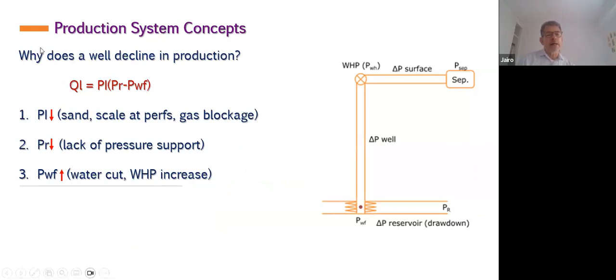Using the same equation, the rate is a function of the PI and the difference between the static or reservoir pressure minus the flowing pressure. PI could decrease, maybe because of scale at the perforation or gas blockage.